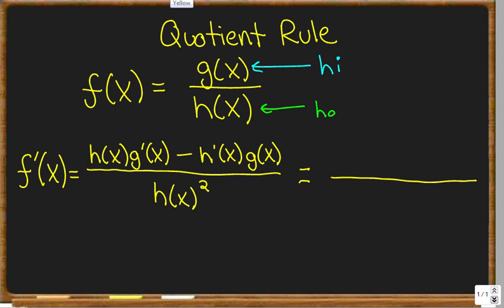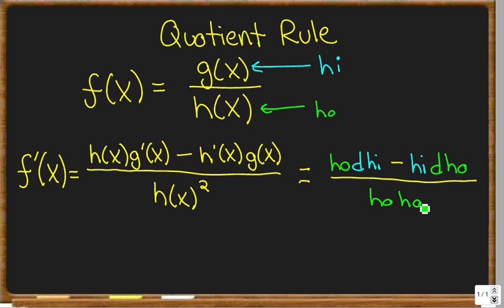So we start off with ho, and then we have d high, ho d high, where d high represents the derivative of the high function, or the top function, and then it's ho d high less hi d ho over ho ho.